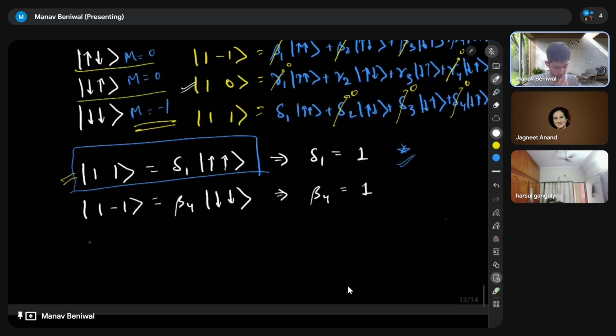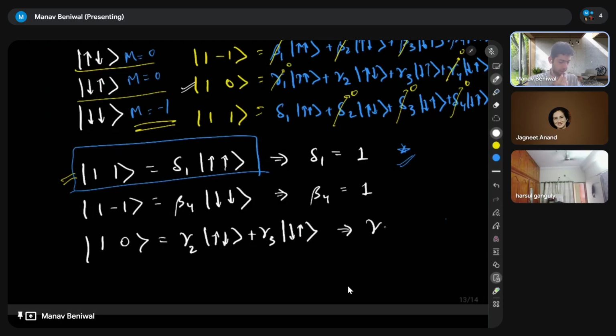So my 1 0 state, which was gamma 2 up down plus gamma 3 down up, we see that gamma 2 and gamma 3 are both equal, and it is coming out to be plus 1 by root 2, and you can see that this is also normalized, right?